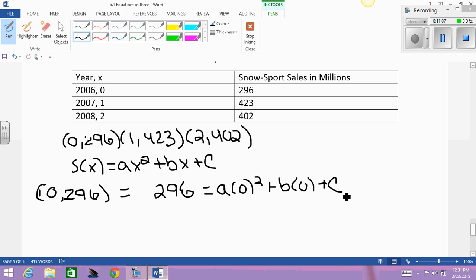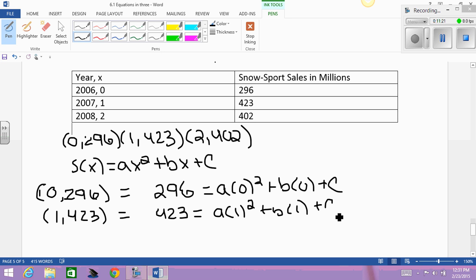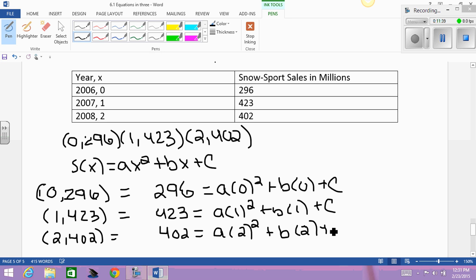I can do the same thing for the others. 1, 423 gives me 423 equals a times 1 squared plus b times 1 plus c. And similarly, 2, 402 gives me 402 equals a times 2 squared plus b times 2 plus c.